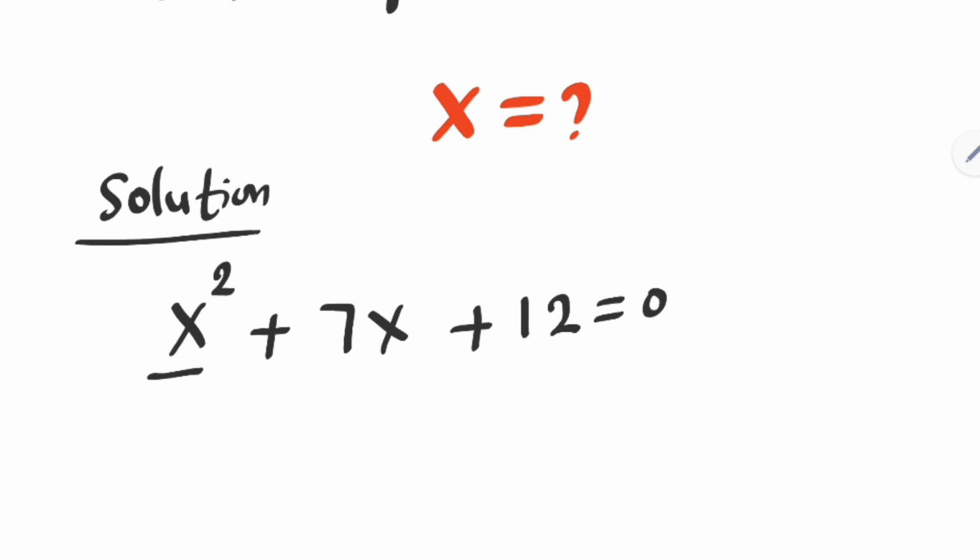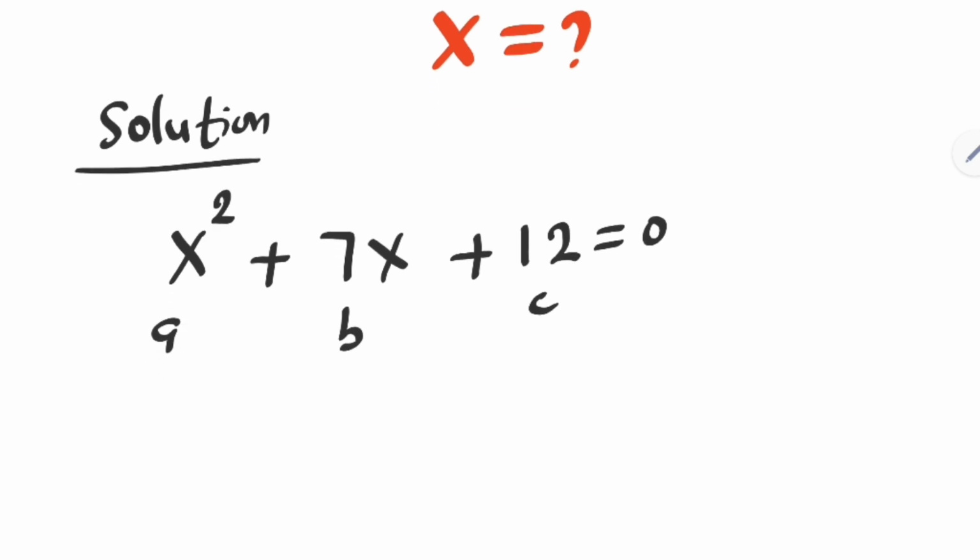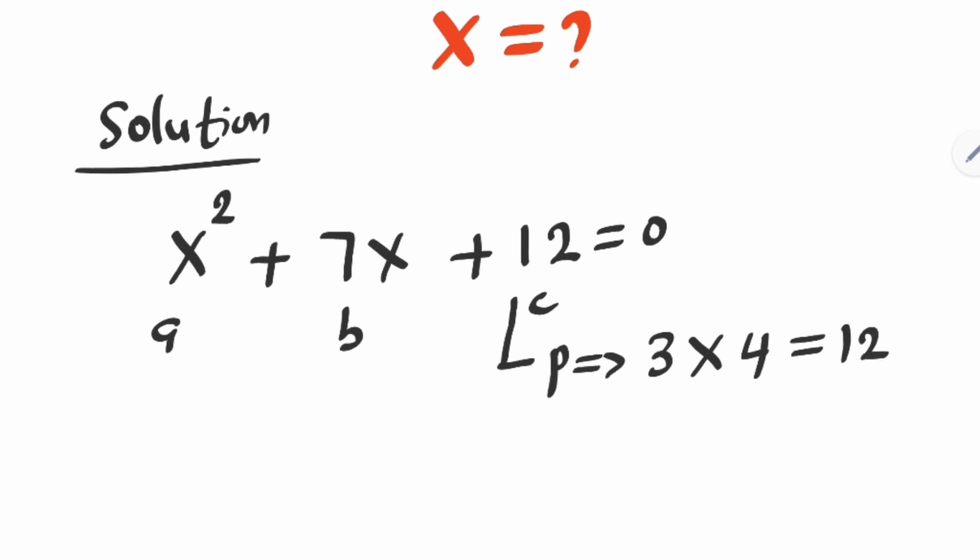We can call this A, this is B, and this is C. Now, let us look for two numbers so that the product will be equal to C and the sum will be equal to B. The product: 3 multiplied by 4 is equal to 12.